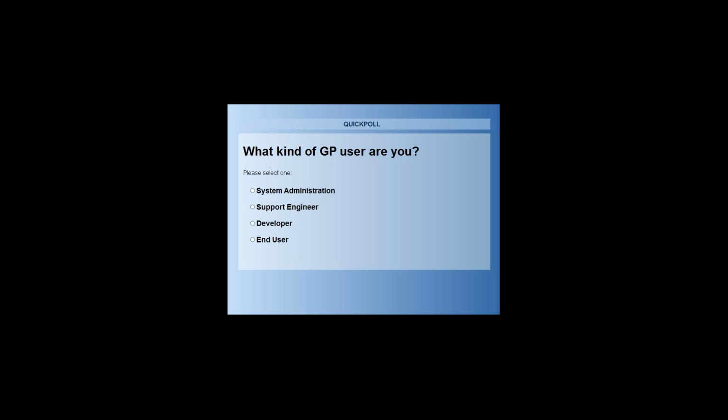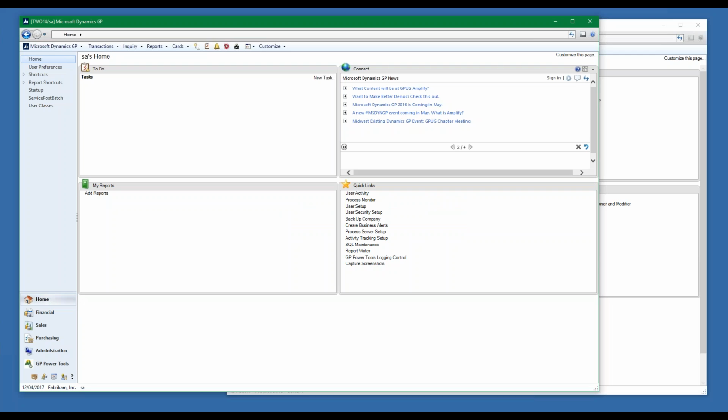And let's see, when I share them, can you all see them up there on the screen? Yep, that looks great. So what were the percentages? 58% system administrators, 16% support engineers, 11% developers, and 16% end users. So quite a good chunk of system administrators.